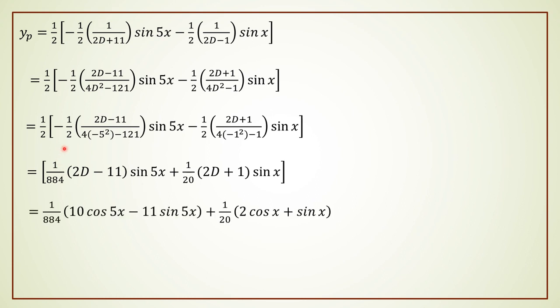But you already have 2 over here, so it becomes 10 cos 5x minus 11 into sin 5x as it is, plus 1 by 20 2D of sin x. 2D of sin x is nothing but 2 into differentiation of sin x, which is cos x, plus sin x. Okay, so this is the particular integral of the given differential equation.